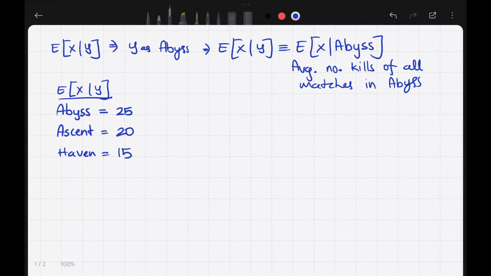Now, if you consider the amount of time that you spent on these maps, right? So say you play Abyss 40% of the time, you play Ascent 30% of the time, and the rest 30 you play in Haven.